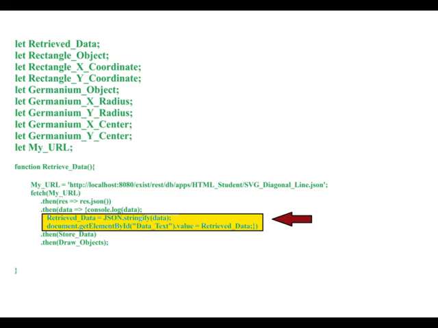You're going to see a command called JSON stringify, and it's saying, whatever data is in the retrieved data global variable, I want you to turn it into string data, and change it from object data to string data. And that's what this will do. Once you do that, you can see what data was retrieved from the JSON document, and you'll see whether that data is accurate or not. And if it's not, then you'll have to fix it. Okay?